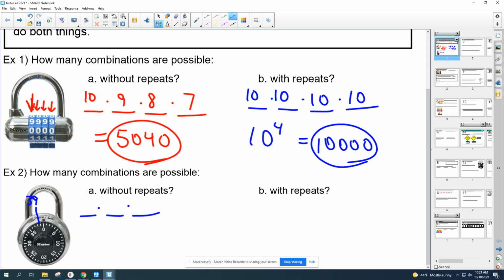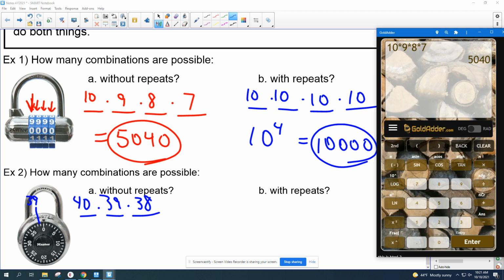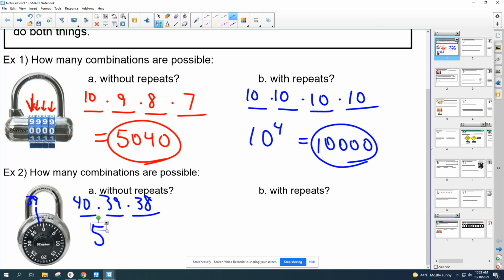So without repeats, you would have 40 numbers to choose from for the first number, and then 39, and then 38. 40 times 39 times 38 is 59,280 different combinations on that lock.